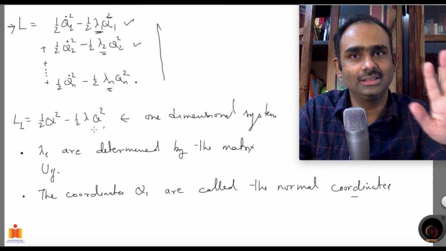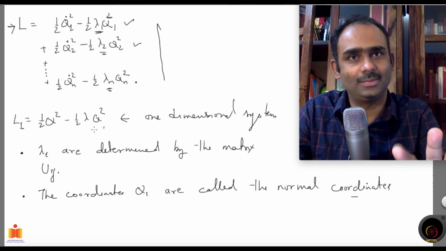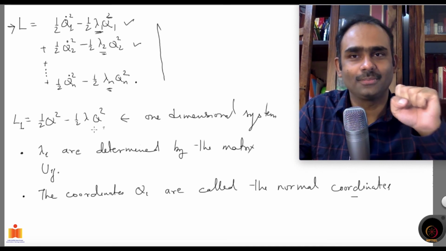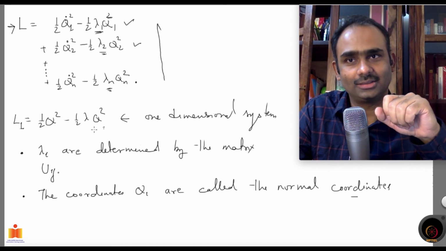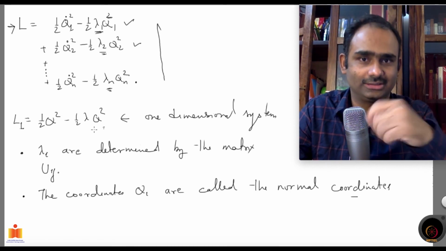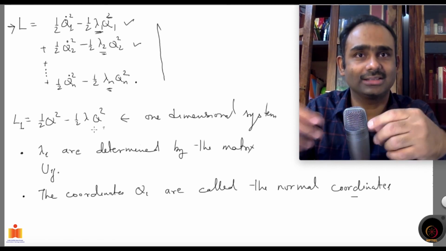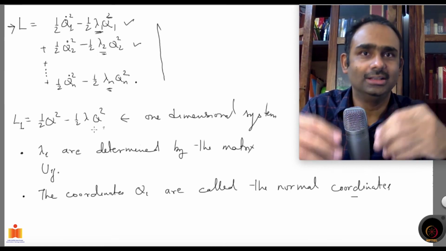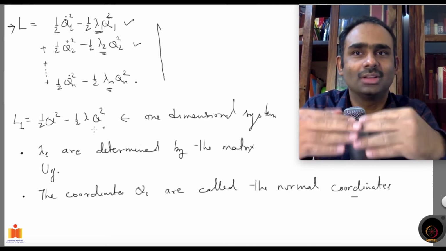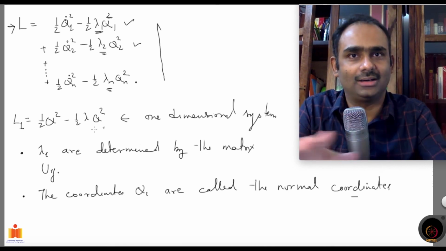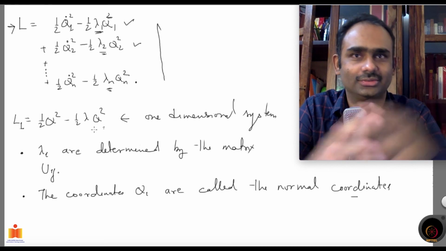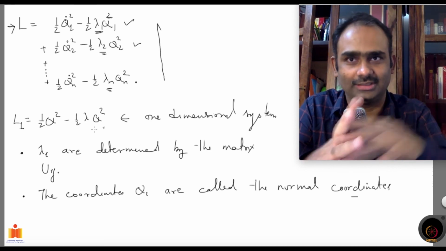And all other coordinates stay put, they don't move. And this way you can isolate the motion of one of these oscillators. Meaning you can excite, let me use the word excite, you can choose to excite one of the oscillators and keep all other oscillators silent, they don't oscillate. So this you can do.